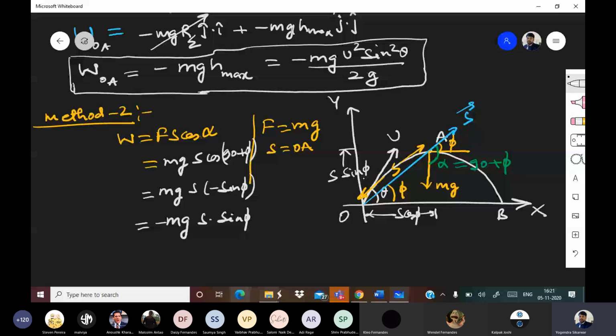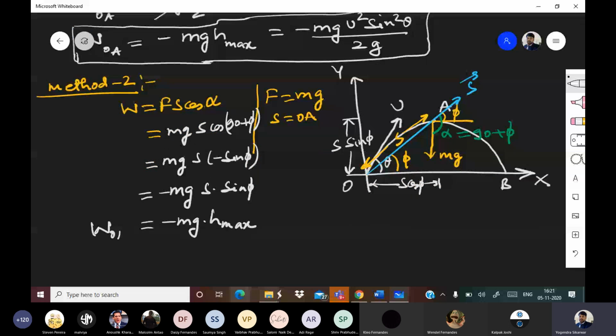So minus mg into h max. So W OA comes out to be minus mg and h max is u square sine square theta upon 2g. Please note the second method.